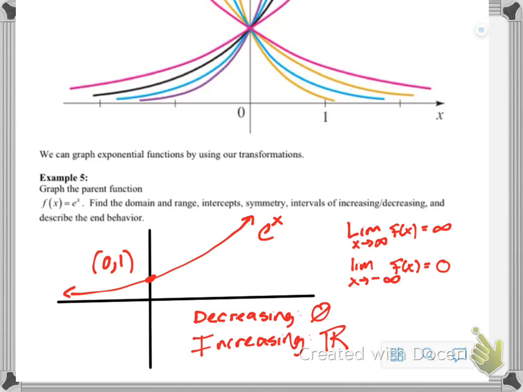There is that horizontal asymptote. So key features: y-intercept, horizontal asymptote at y equals 0. Let's get in domain and range just real quick. Domain is all reals, but the range is 0 to infinity. Be careful not to include 0, because it has an asymptote right there.